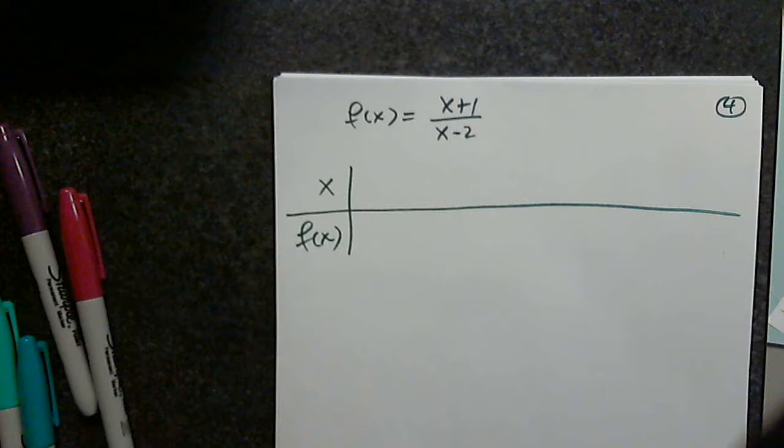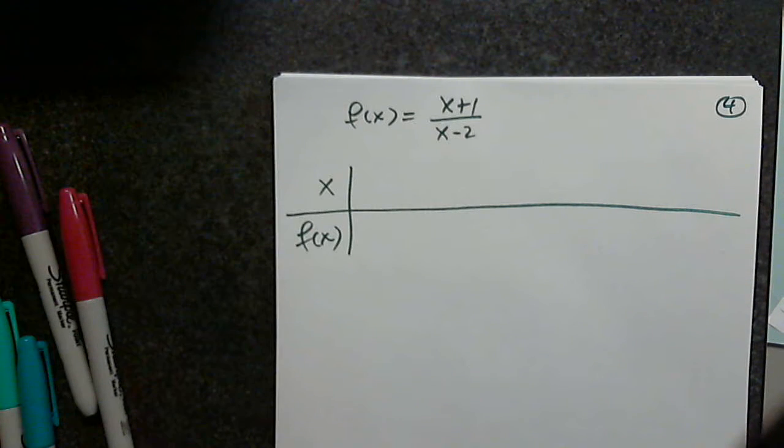First question is, what is the domain of this function? Negative infinity to 2, union 2 to infinity.